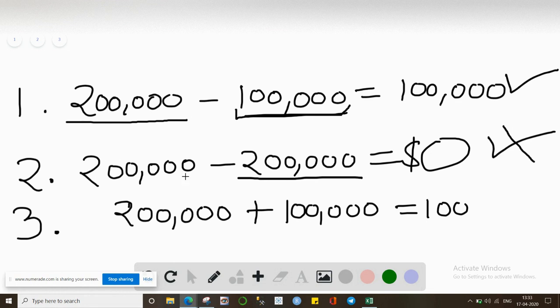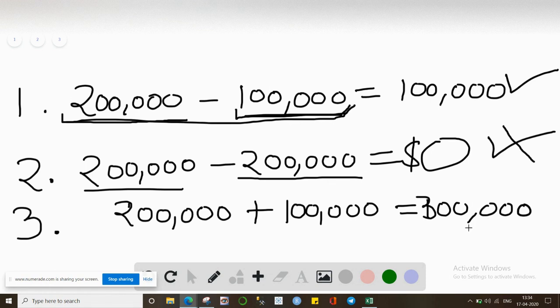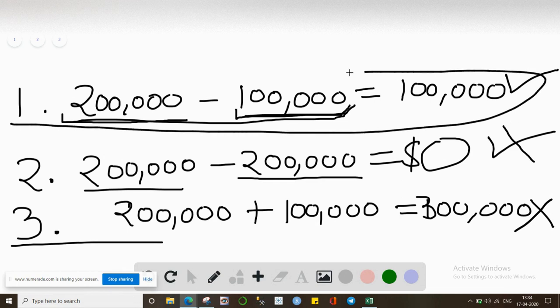And 2 lakh minus 2 lakh will give $0 of equity. But from our basic equation, if we add assets and liabilities to give the amount of equity, it will come to 3 lakhs. It is just by replacing the minus sign with a plus sign. So we will get our third choice from the first choice. So it is also not correct.